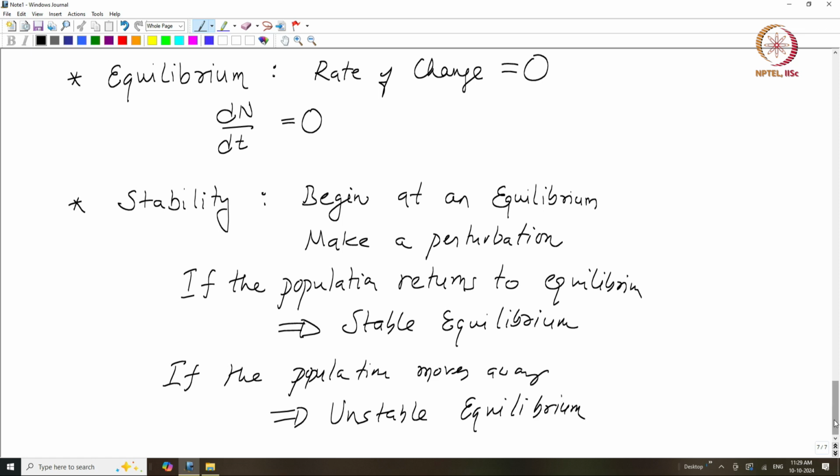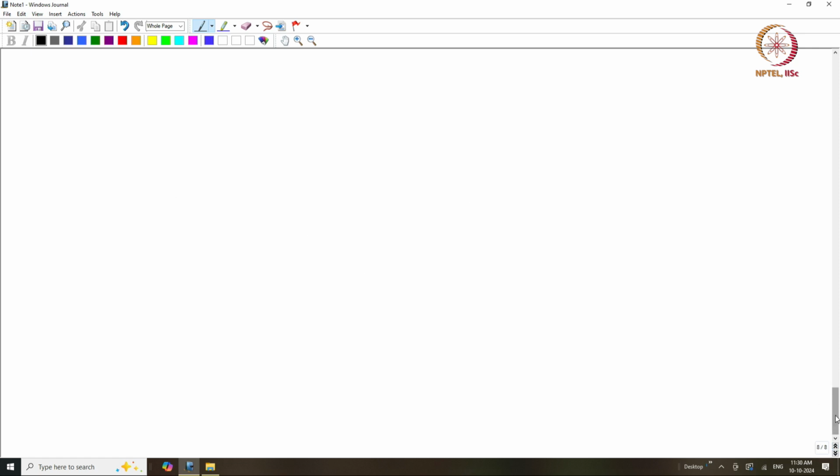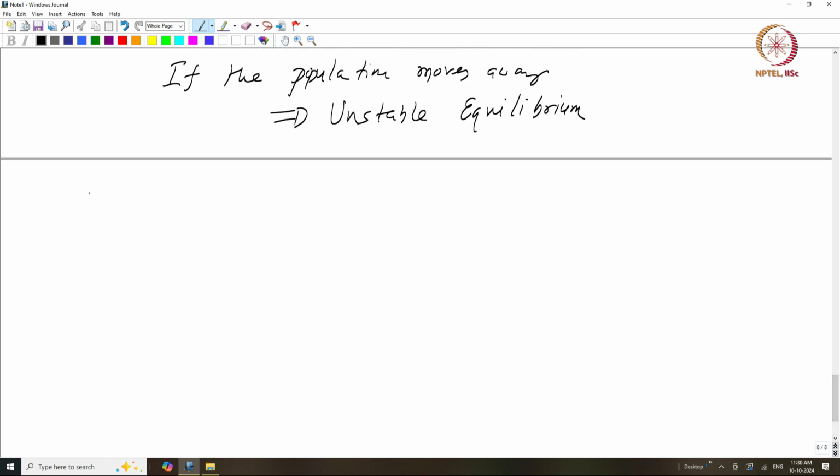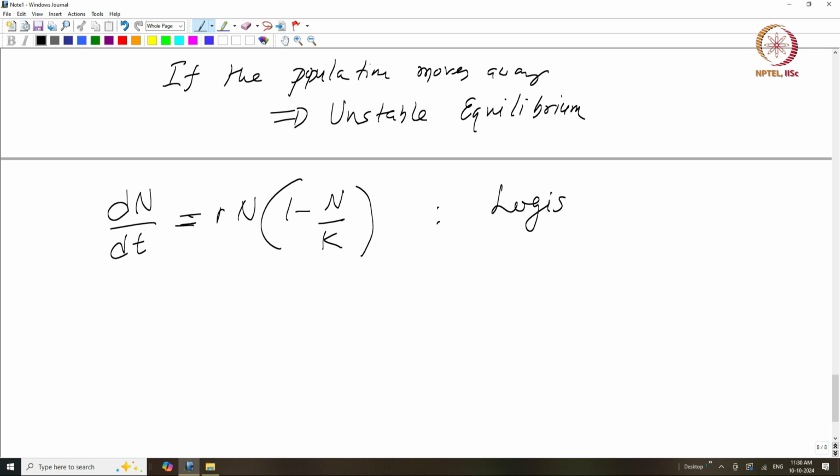Okay, so now let us try to apply the concepts of equilibrium and stability to our population dynamical equation given by dn by dt is equal to Rn times 1 minus n by k. At this stage let me also say that this is called the logistic population model.